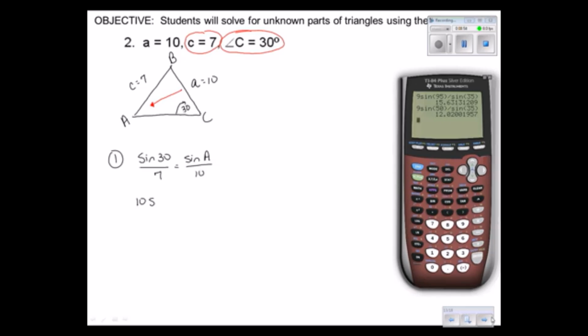So that's 10 times the sine of 30 is equal to 7 times the sine of A. So the sine of angle A is 10 times the sine of 30 divided by 7.